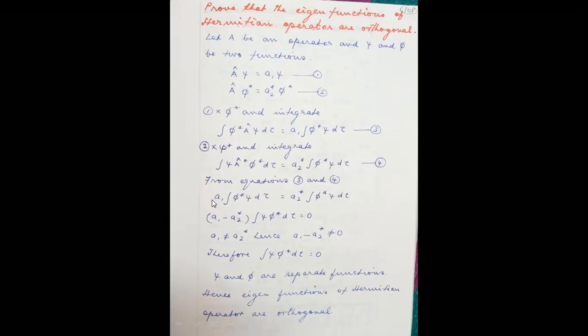So similarly, A1 and A2 star can be taken to the other side because these two integrals are the same. So A1 minus A2 star times integral phi star psi d tau is equal to 0. Now certainly A1 is not equal to A2 star. Therefore, this part cannot be 0. So the integral is supposed to be 0. If integral psi phi star d tau is equal to 0, then psi and phi are orthogonal to each other. This is how it is proved.